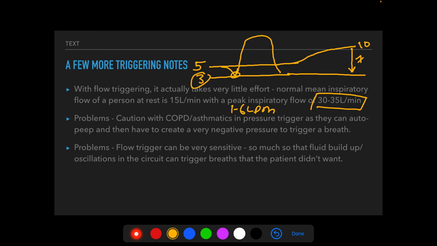Flow triggering, on the other hand, is very sensitive. It is, in fact, so sensitive that you can have fluid build up in the circuit, and the oscillations back and forth of that fluid can be sensed by the vent, and the vent will trigger breaths. So, let's see, we've got our vent circuit.